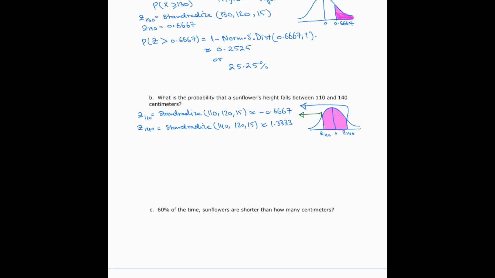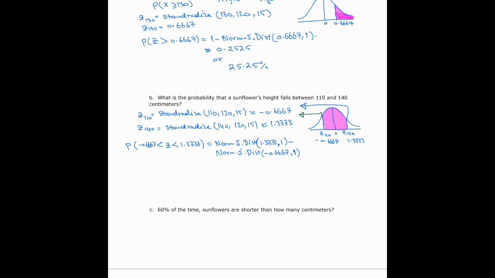So the area in between negative 0.6667 and 1.3333 is equal to norm.s.dist of the bigger number, comma 1, minus norm.s.dist of the smaller number, negative 0.6667, comma 1.